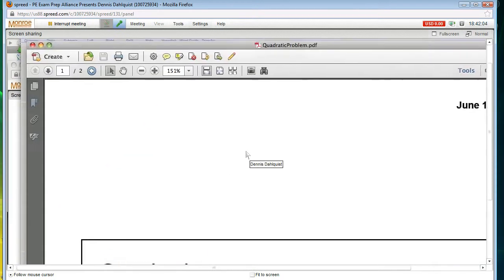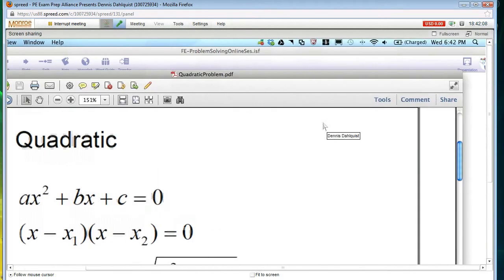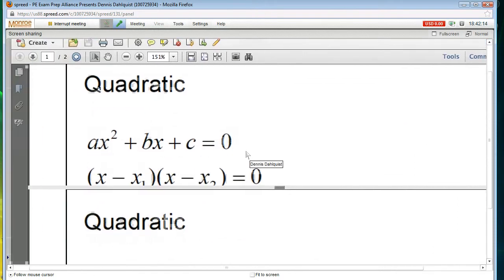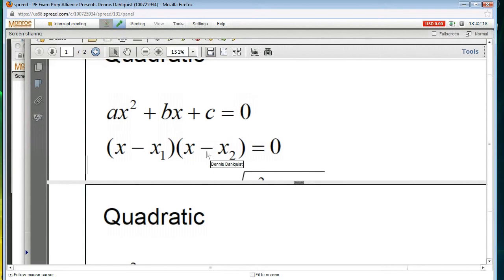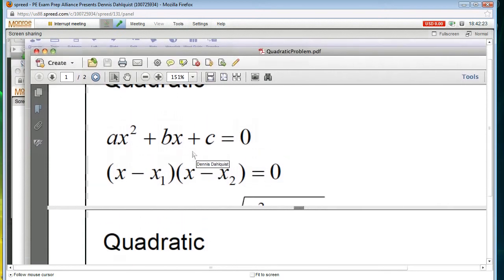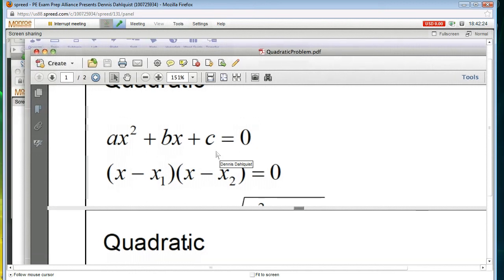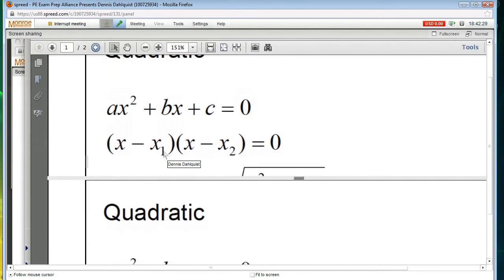So just a quick review here of taking a look at the quadratic equation. Here's our standard form for the quadratic, where we have ax squared plus bx plus c is equal to 0. And of course what we want to do is factor those and find out what the actual roots are.